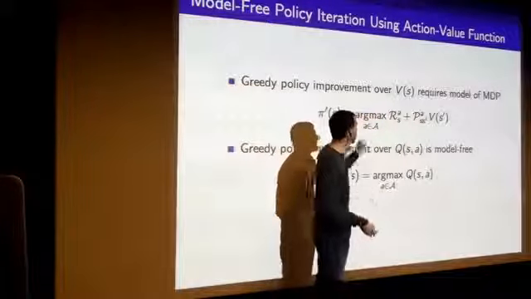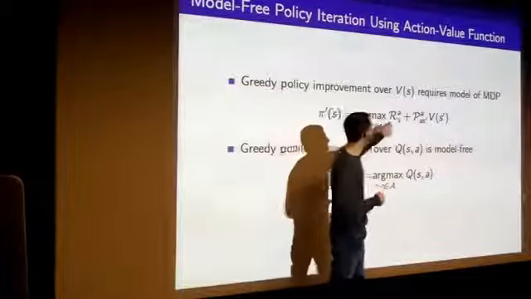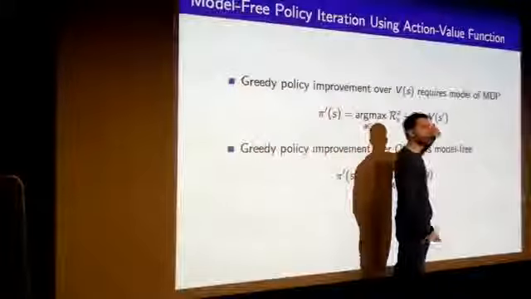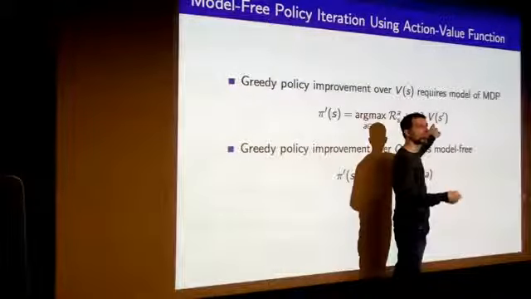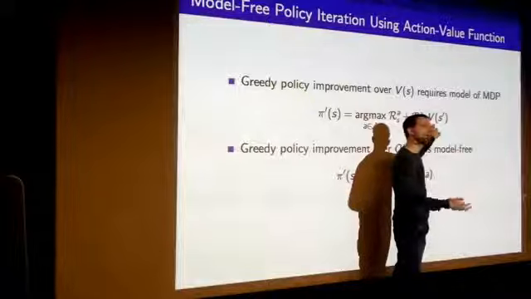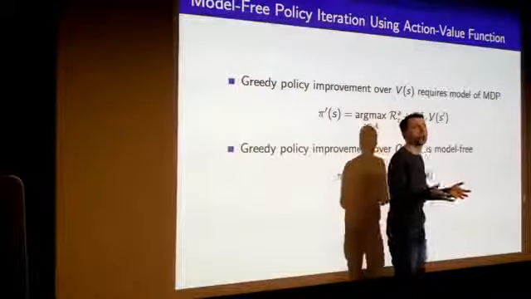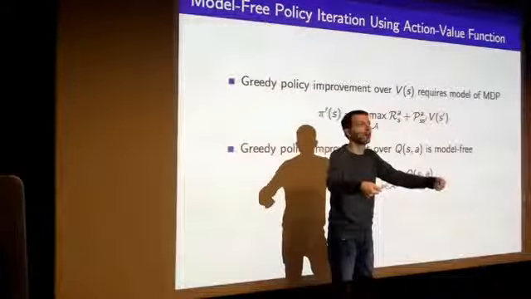If I'm in some state and I want to know which action is best, I have to imagine what would happen for each possible action. I have to roll forward the dynamics one step to look at the value function of my successor state. We don't know those dynamics. We're trying to be model-free. So if you work with the state value function V, you always need a model in order to do your policy improvement, because you need one step of look ahead to get to your next state.